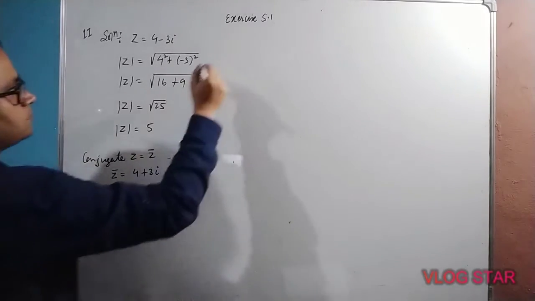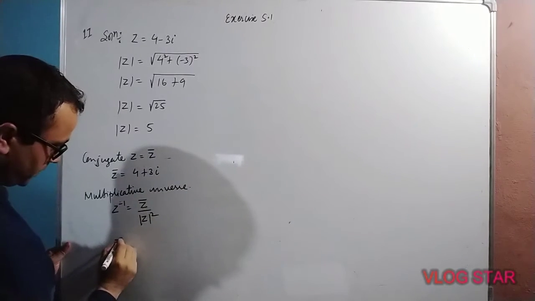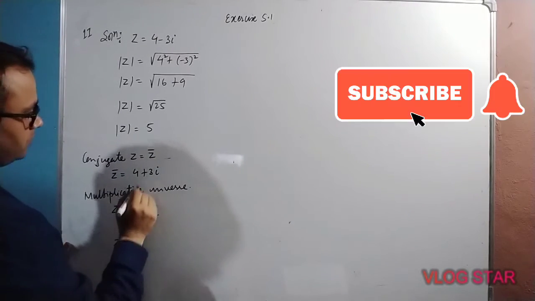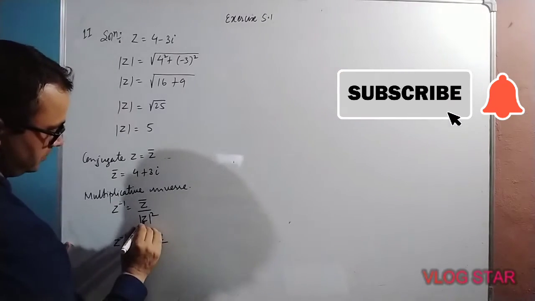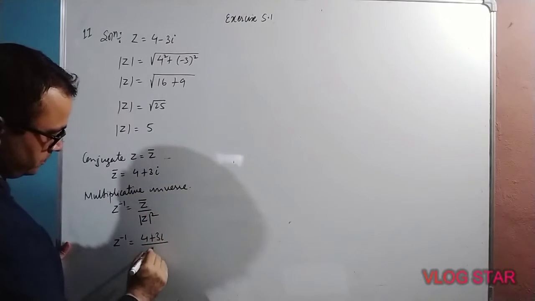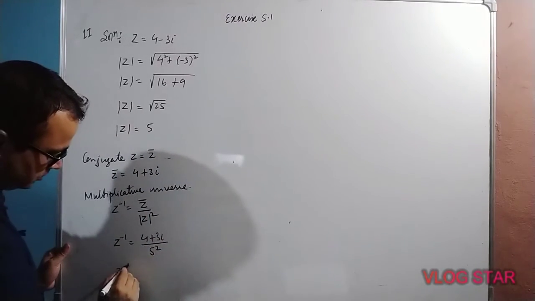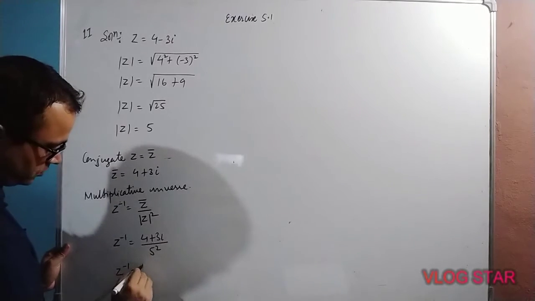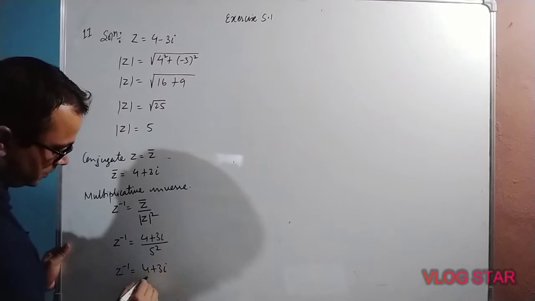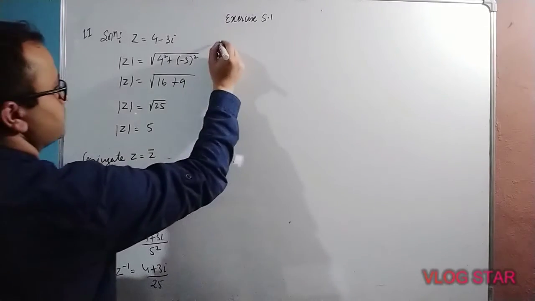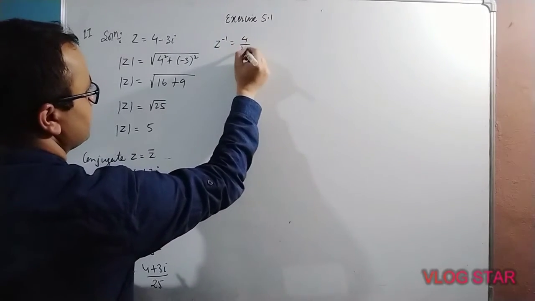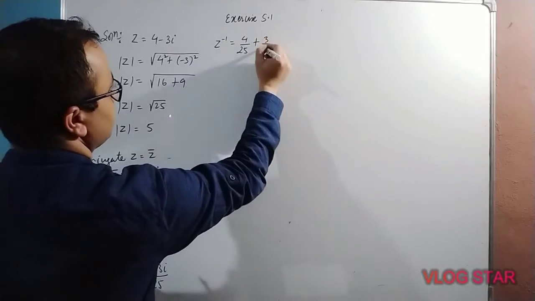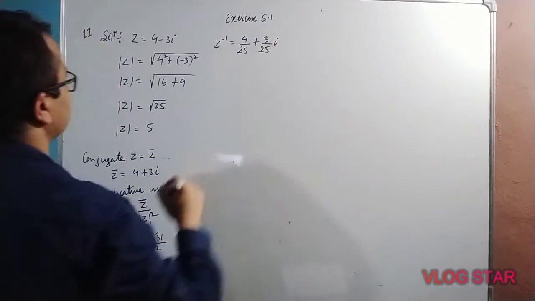So z inverse equals z conjugate, 4 plus 3i, divided by the modulus square, 5 square, which is 25. So z inverse equals 4 plus 3i divided by 25. We can separate: 4 by 25 plus 3 by 25 i. Now this is question number 11.